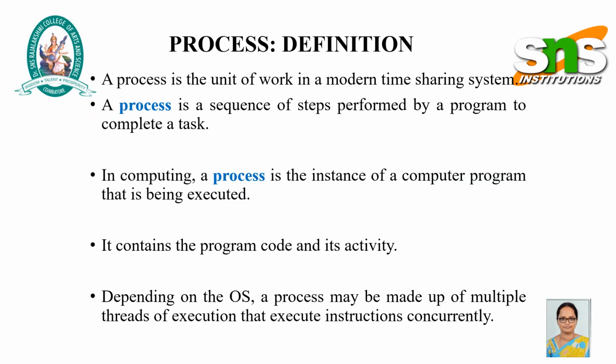Process definition. A process is the unit of work in a modern time sharing system. A process is a sequence of steps performed by a program to complete a particular task. In computing, a process is an instance of a computer program that is being executed. It contains the program code and its activities. Depending on the operating system, a process may be made up of multiple threads of execution that execute instructions concurrently.